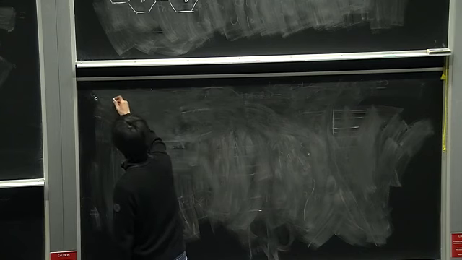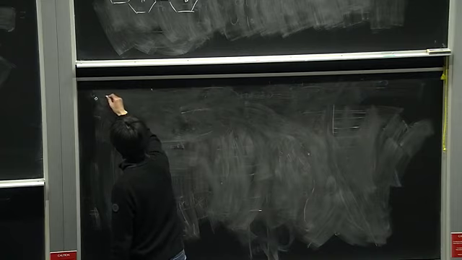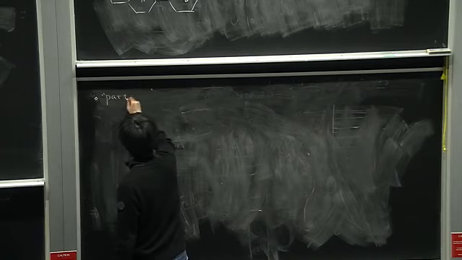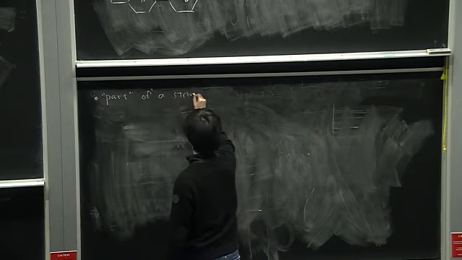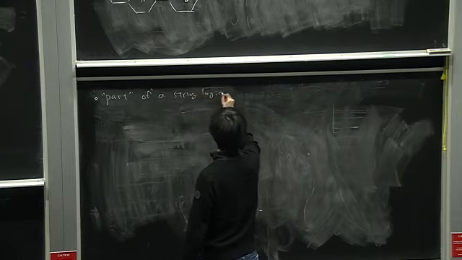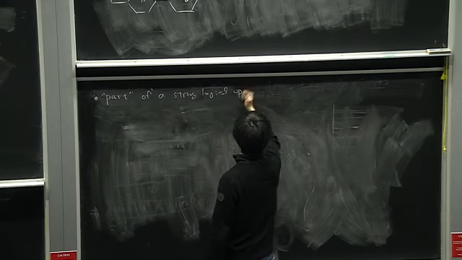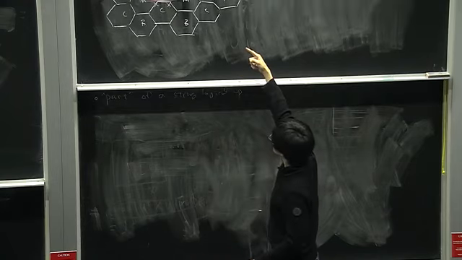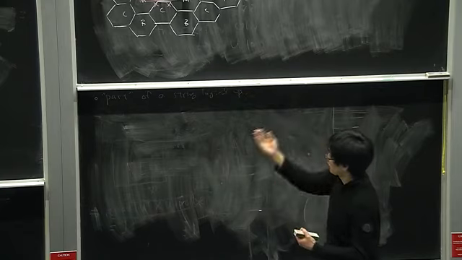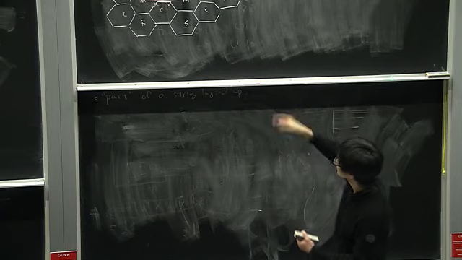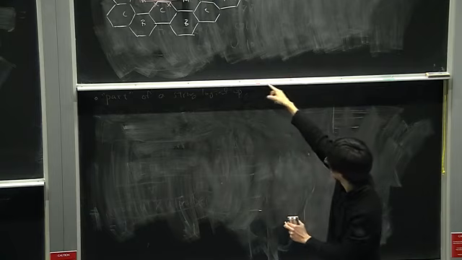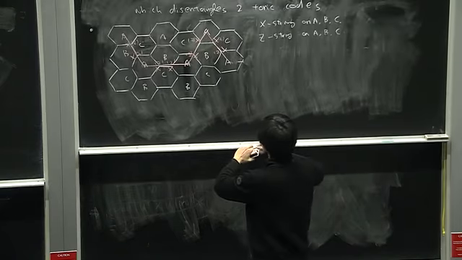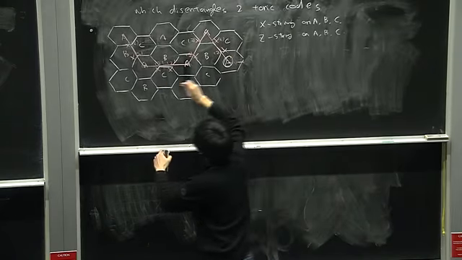In order to create excitations, we prepare a part of a string logical operator. So in this example, this string of X needs to go forever and wrap around the torus in order to commute with all the terms in the Hamiltonian. But suppose we just terminate it at some point, so like this. Assume that this is terminated at this point and this point.